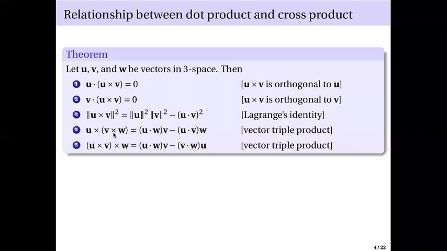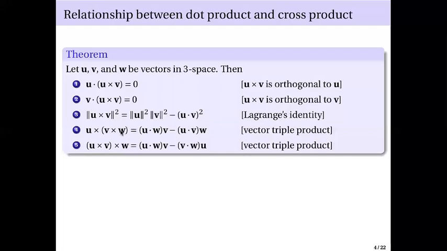And that should be the case because the cross product of V and W is a vector, and then you cross that with U, which will give you another vector.